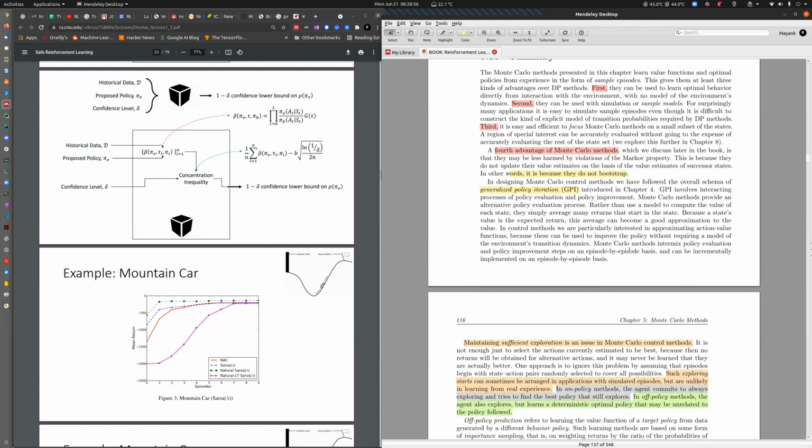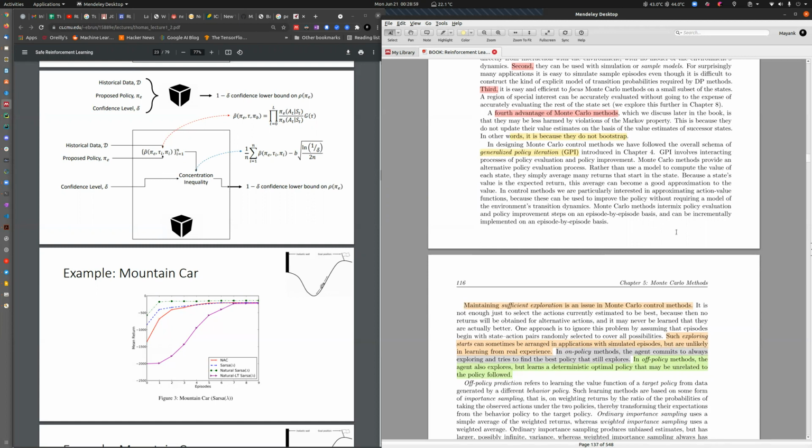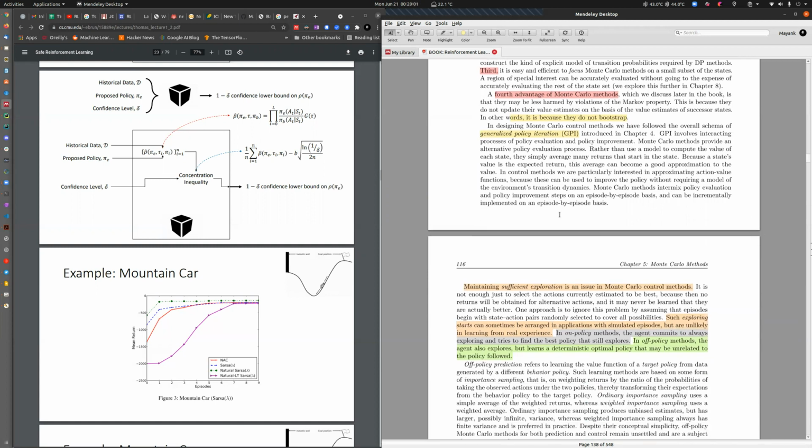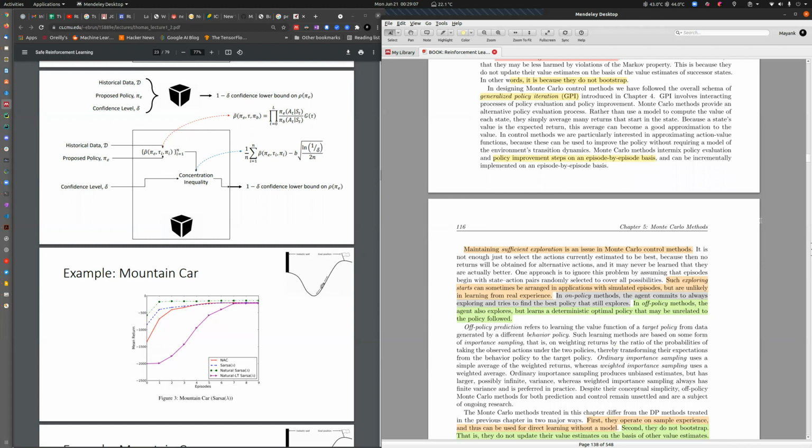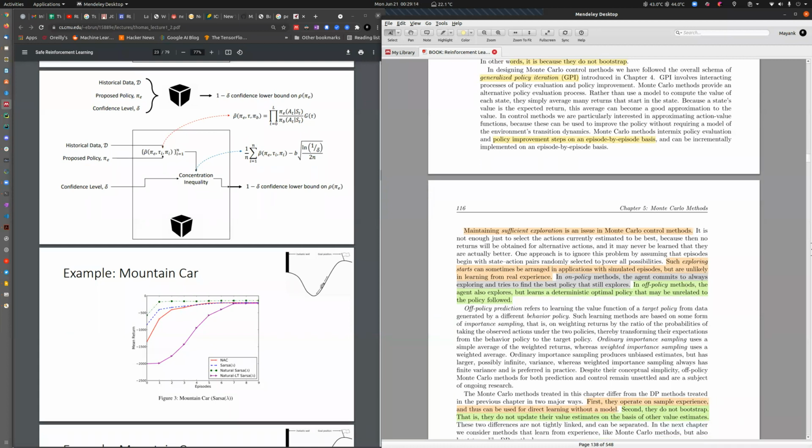And then they discuss the GPI. Then the sufficient exploration methods is an issue in the Monte Carlo.